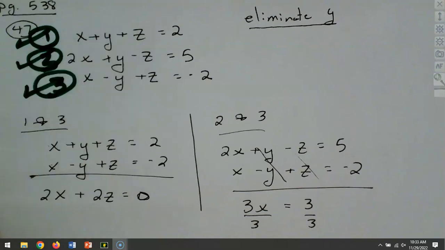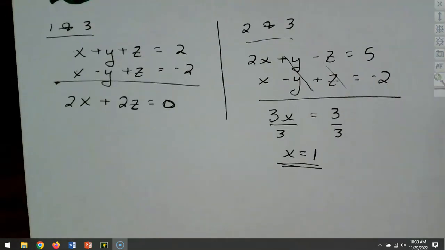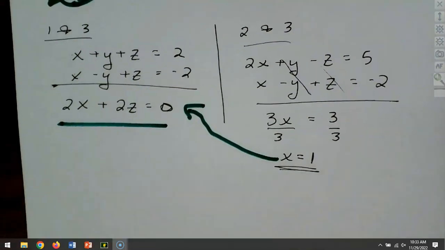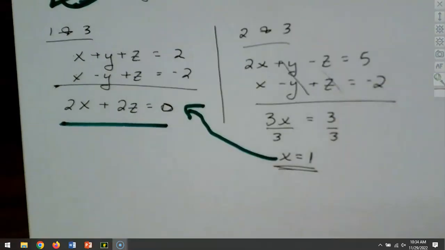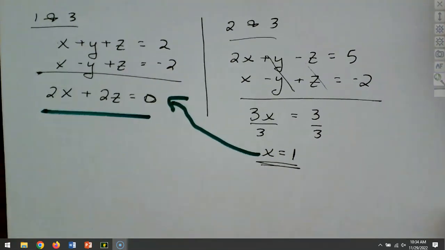We want to get it down to 1 variable so I can get a solution. So where do we have 2 variables? Right here. So work your way backwards and plug it in there. It doesn't matter where you plug it in, as long as you can get it down to 1 variable and get a solution.